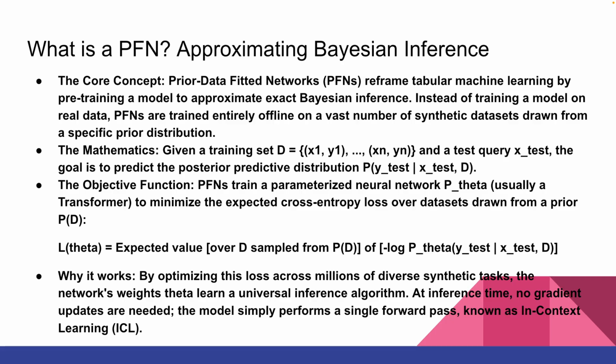A closer look at TabPFN v2, MITRA. MITRA is done by Amazon. It basically takes TabPFN and then uses other ways of synthetically generating data to extend its model capability. And finally, TabICL. It's a very similar model architecture for a slightly different task.